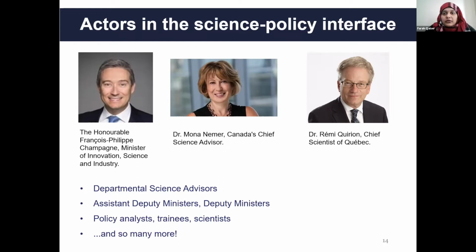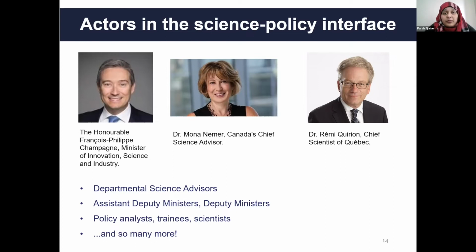And there are also actors at the provincial level. So, for example, there is Dr. Rémi Guérin, who is the Chief Scientist of Quebec, and you also have Chief Scientists across other regions here in Canada. There are also departmental science advisors, so chief scientists who are embedded in different federal departments. Not every role is science related, so within departments you have a deputy minister, an assistant deputy minister, and you can go down to policy analysts.